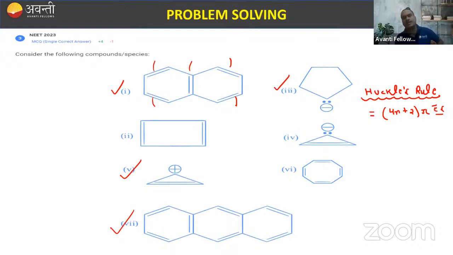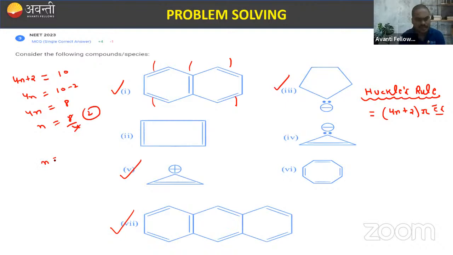When you solve this, you get 4n plus 2 pi electrons. In this, the number of pi electrons is 10, so 4n plus 2 is equal to 10. So 4n is equal to 10 minus 2, that is 8. So n is equal to 8 by 4, that is 2.